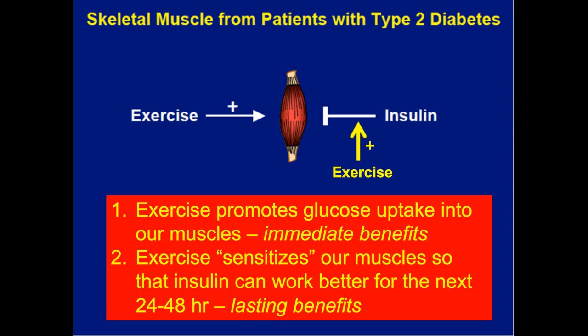And this happens even in people with type 2 diabetes, people with type 1 diabetes, people with pre-diabetes, and people with normal glucose control. So your muscles get sensitized to the insulin. And that's probably why the guidelines that we have for exercise and diabetes say that we should have no more than 2 days off between exercise because each bout is effective.